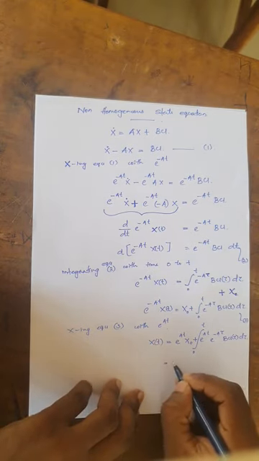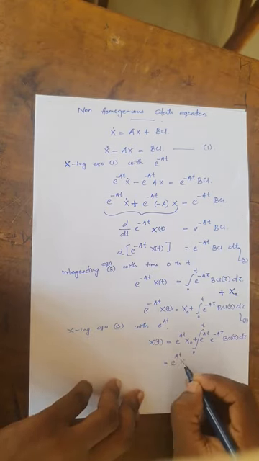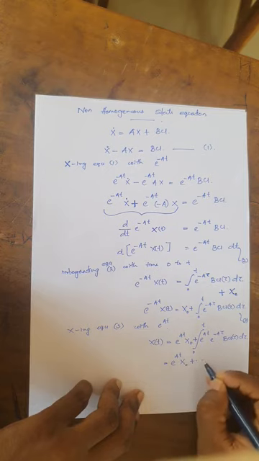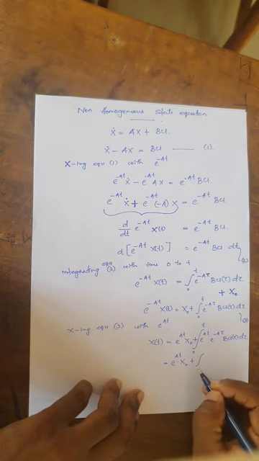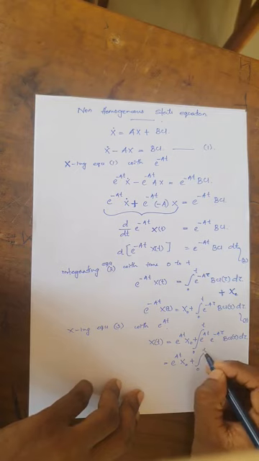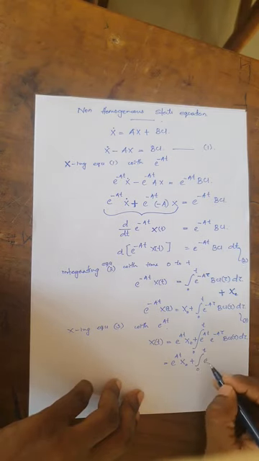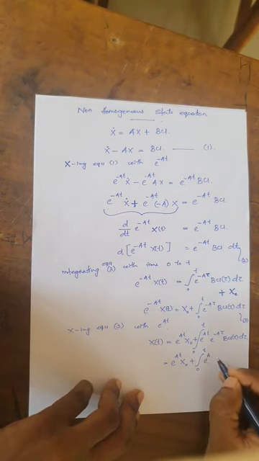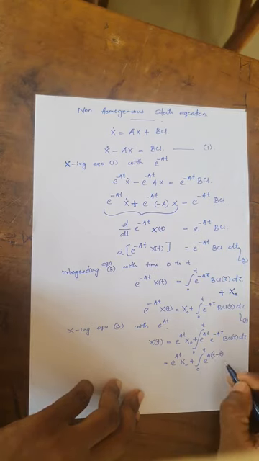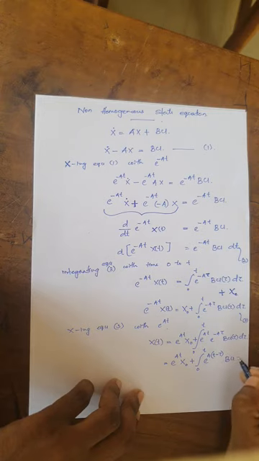So I can write e raised to a t x0 plus integral limits 0 to t e raised to a into t minus tau, that term into b u of tau d tau.